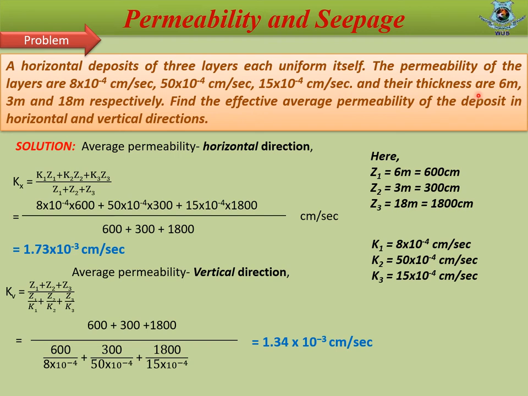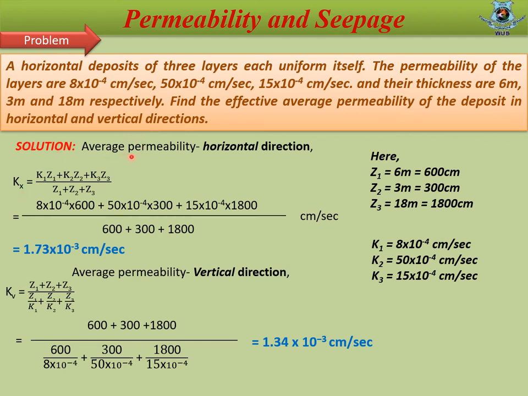And their thickness are 6 meter, 3 meter and 18 meter respectively. That means these are the values of coefficient of permeability, and these are the values of thickness of soil of 3 layers. Find the effective average permeability of the deposit in horizontal and vertical directions. So we have to calculate Kx and Kv.